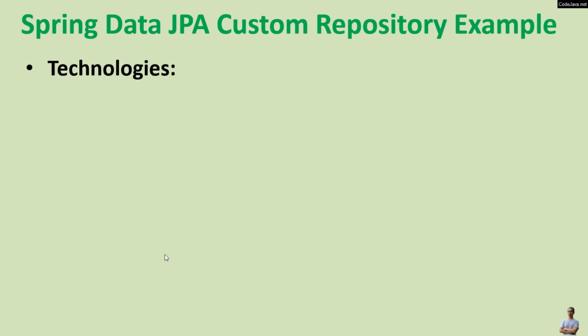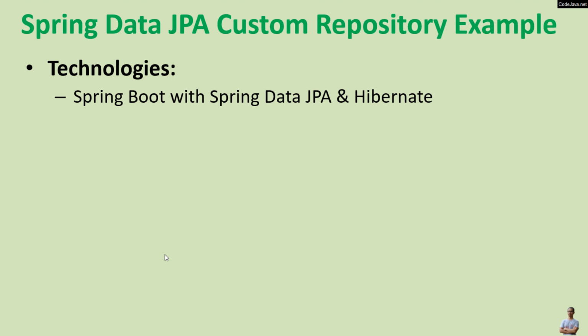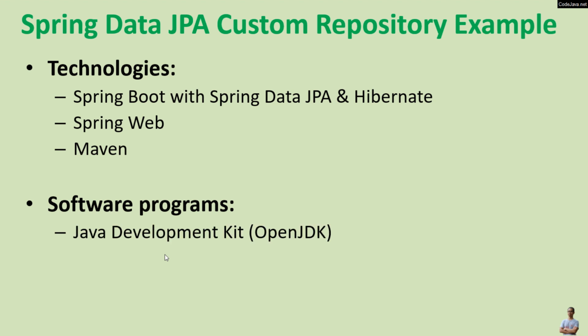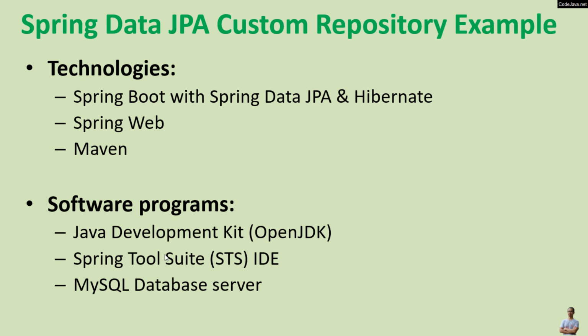And in the next few minutes, I'll show you how to code a Spring Data JPA custom repository in a Java project that is using Spring Boot with Spring Data JPA and Hibernate framework, Spring Web, and Maven. And I'm using Java Development Kit, OpenJDK, Spring Tool Suite IDE, and MySQL Database Server.